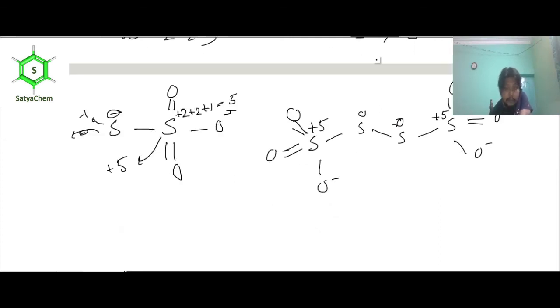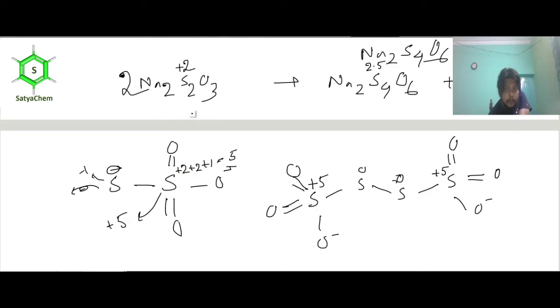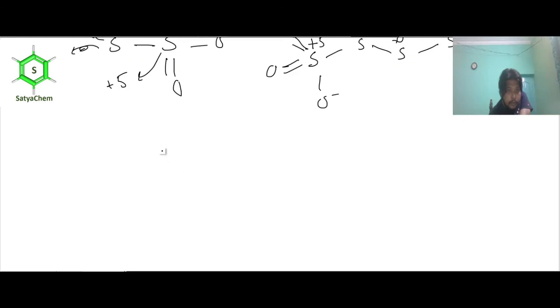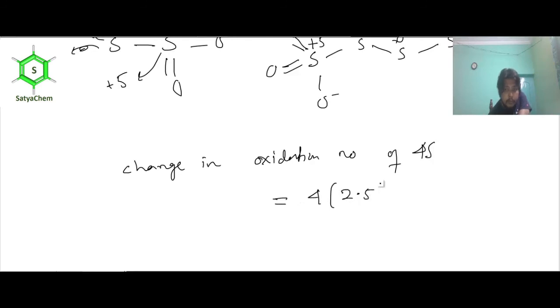So now we can do it like this. In Na2S4O6 the number of sulfur is 4, and in 2Na2S2O3 the number of sulfur is also 4. So the change in oxidation number for 4 sulfur is 4 into 2.5 minus 4 into plus 2, so it becomes 2.